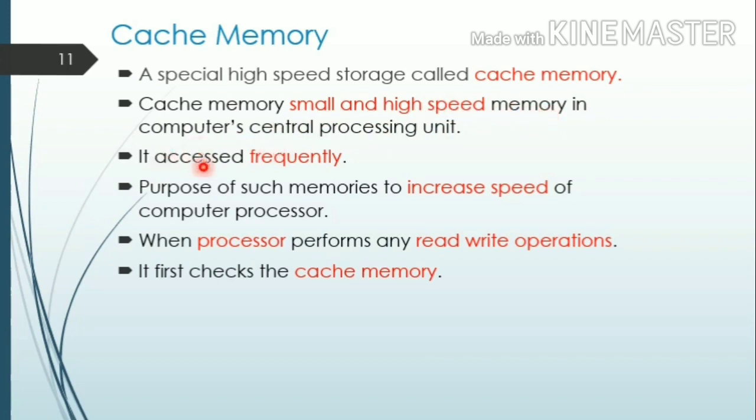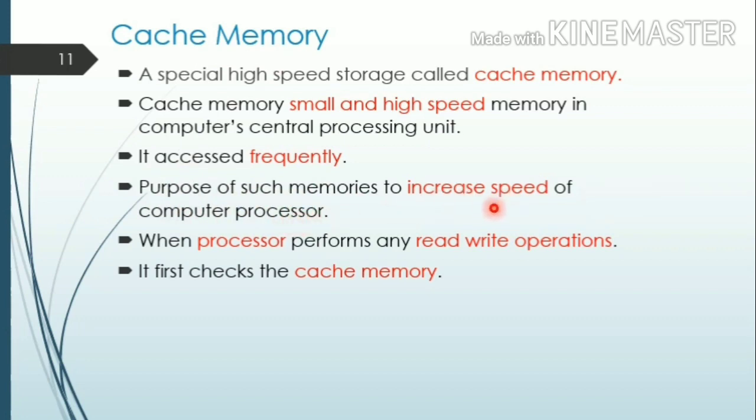Okay, now it is accessed frequently, because whenever you are closing a window, opening a window, closing an application, or whatever you are doing with your mouse or keypad, a track record is kept by this cache memory. Now the purpose of such memory is to increase the speed of the computer processor.